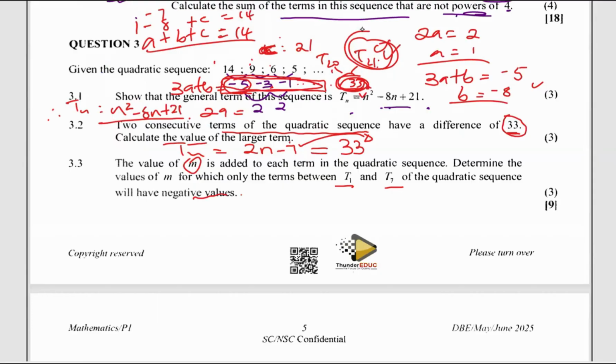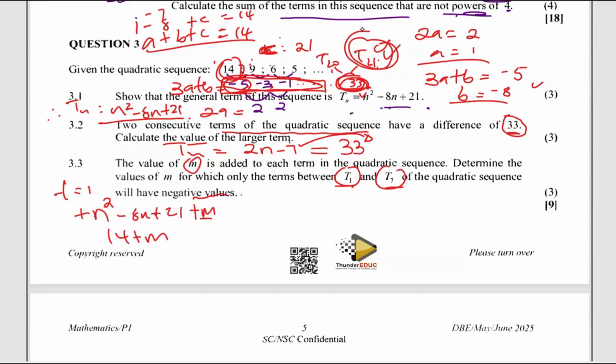Number one, if our focus is on T1, we know that T1 is 14. So if we get the Tn, which is n squared minus 8n plus 21, if we substitute n with 1, and they are telling us we are adding m, we're going to end up with something like 14 plus m.